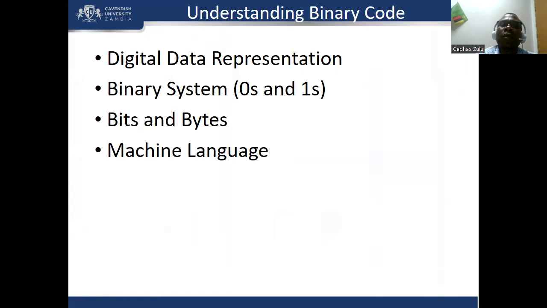Okay. So now there's this other exercise that I want you to perform, understanding how binary code works. So computers understand the alphabet of computers. We call it digital data representation. So that's the way computers interpret your typings that you do.